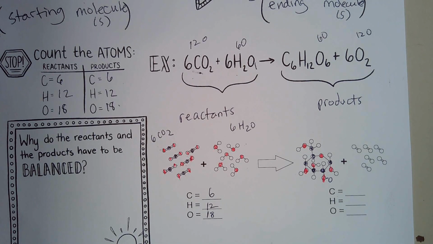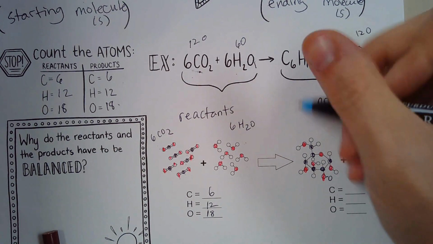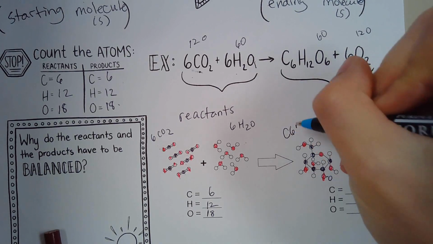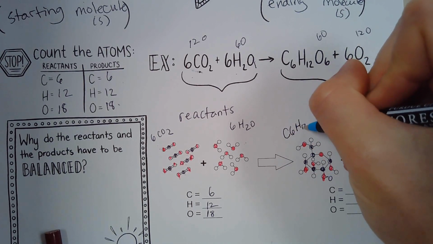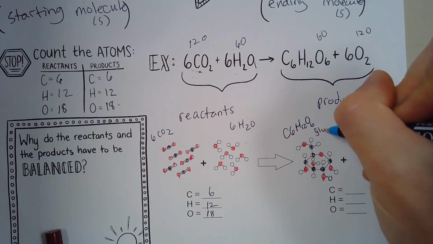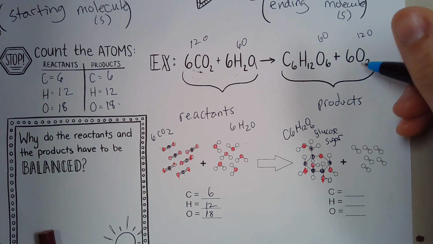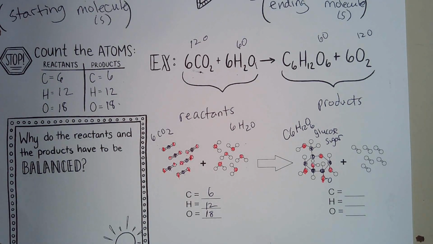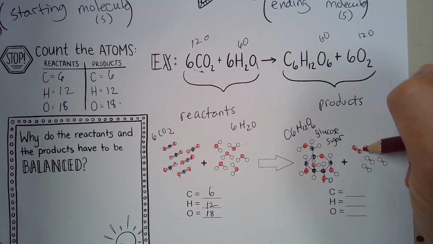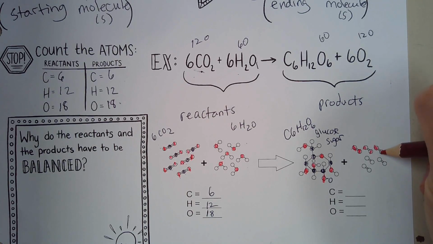Part of our products is this molecule, C6H12O6, and that is glucose, which is sugar. And then over here we have 6 oxygen molecules, and all of these are oxygen. It's oxygen gas.